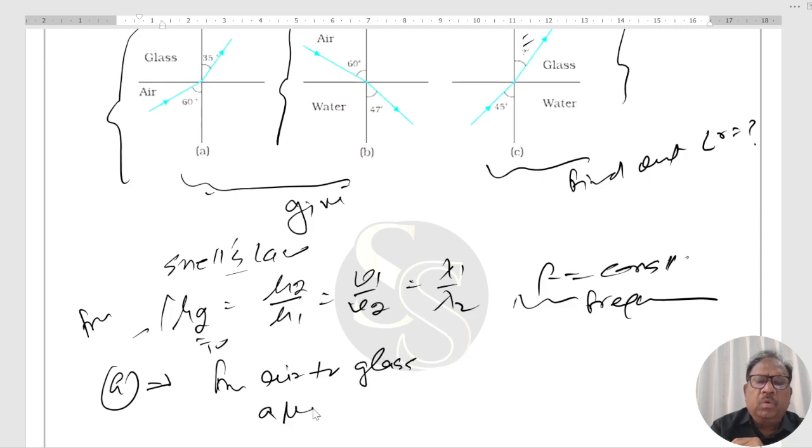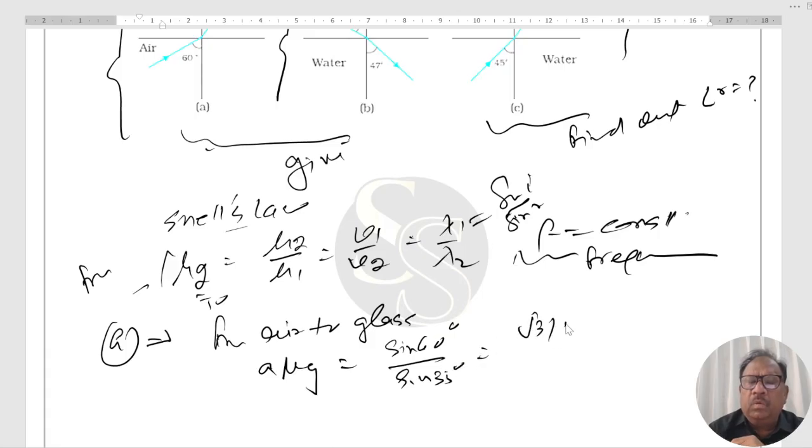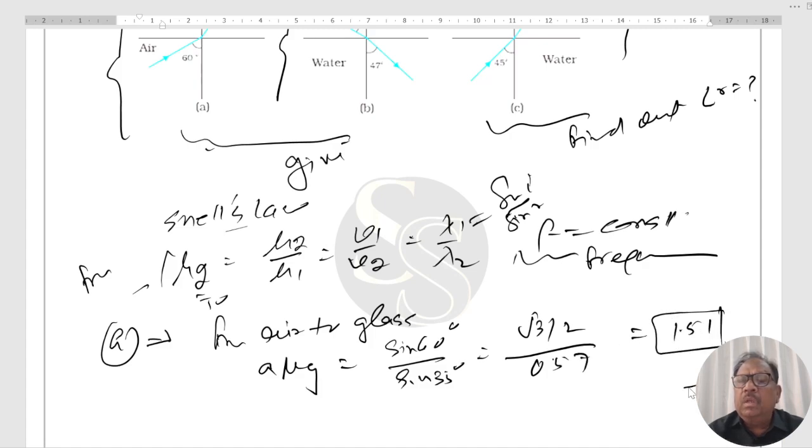That is A mu G, that is sin I upon sin R, that is sin 60 degree upon sin 35 degree. This comes out to be root 3 by 2 upon 0.57. On simplification, this comes out to be 1.51. The refractive index of glass is 1.51.